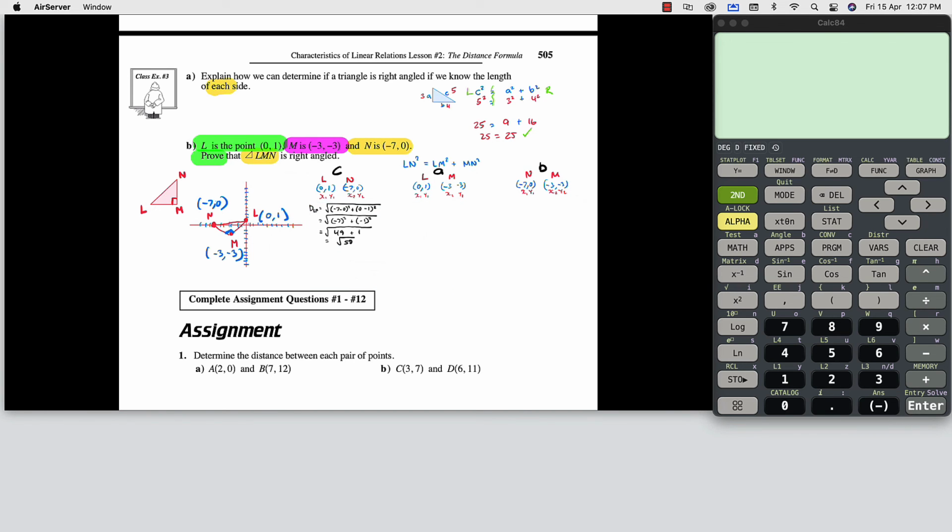Okay, so let's take a look at what we're calling A, line segment LM.